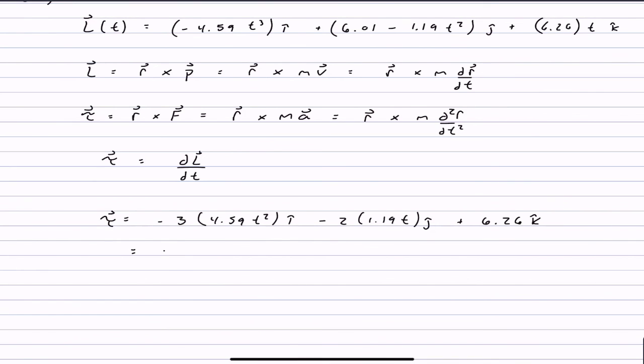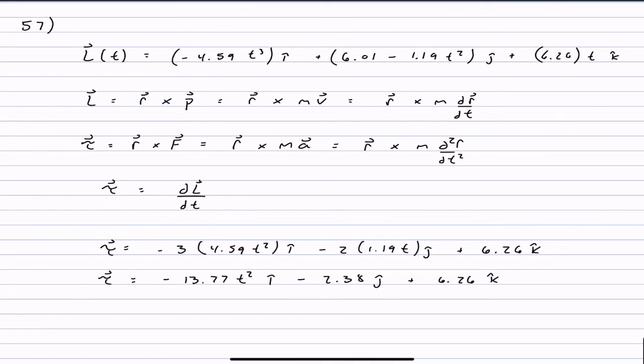So that equals -13.77 t squared i hat minus 2 times 1.19, 2.38 j hat plus 6.26 k hat. There you go, there's your answer. Thanks.